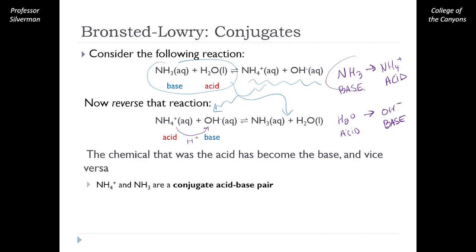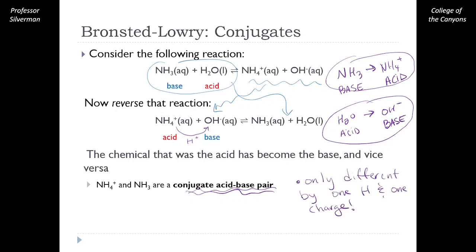We call NH3 and NH4+ a conjugate acid-base pair. We can also call water and OH- a conjugate acid-base pair as well. This is going to be two molecules that are only different by adding and subtracting an H+.